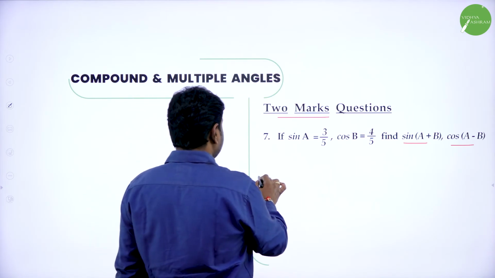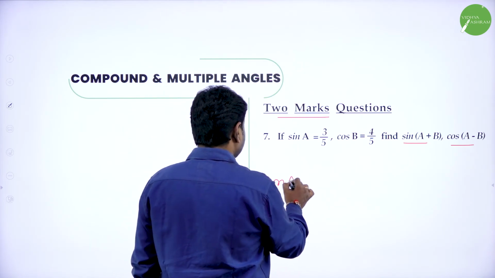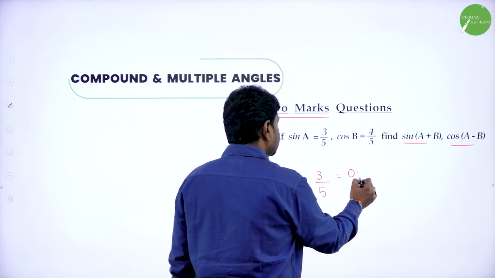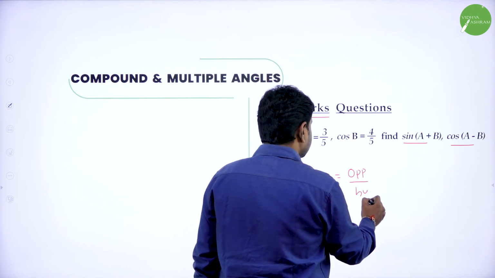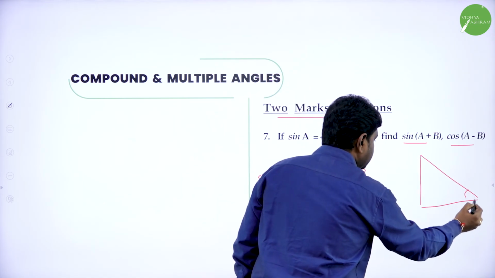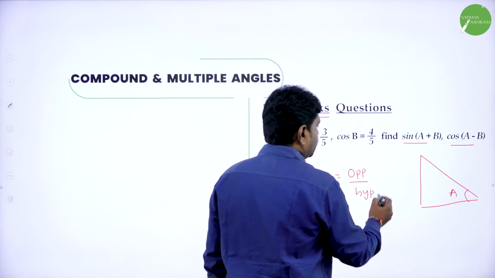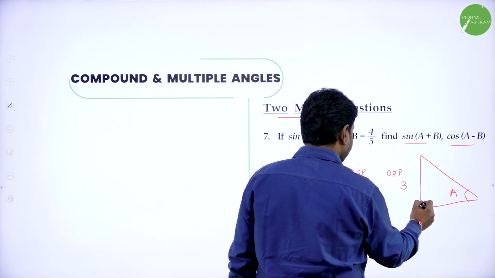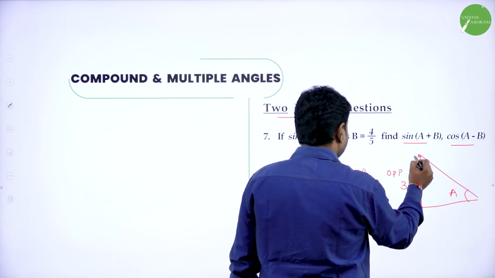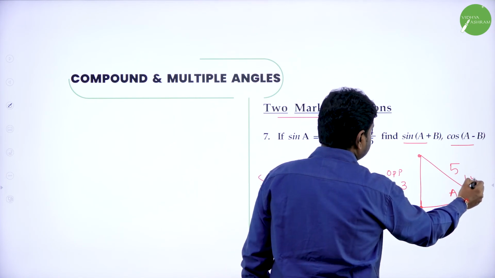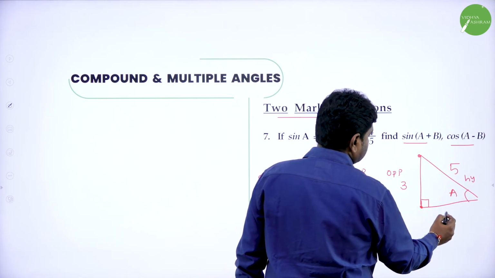So now sin A they give. What is sin A given? 3 by 5. What is meant by sin? Opposite side divided by hypotenuse. So if you draw a right angle triangle, assuming that this angle is A, the side opposite to the angle is 3, and the hypotenuse is 5, this angle is 90 degrees, and this is the base.